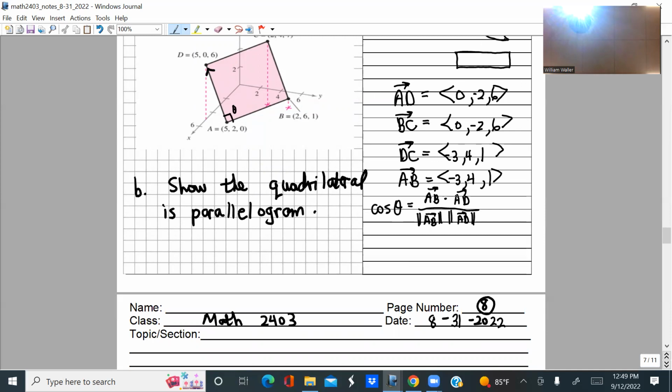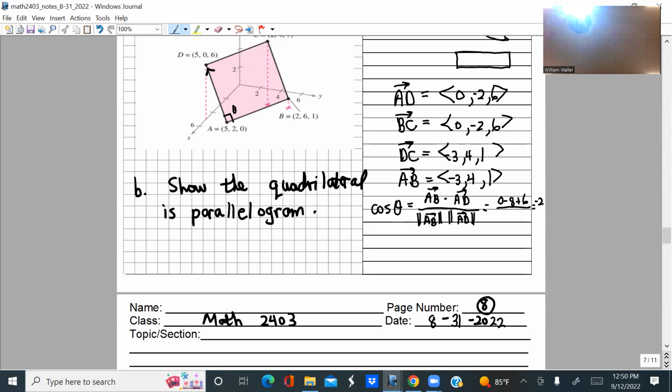Does their dot product turn out to be zero here? Let's see. So 0 times that is 0, right? And then positive 6, which is -2. Oh, phooey.